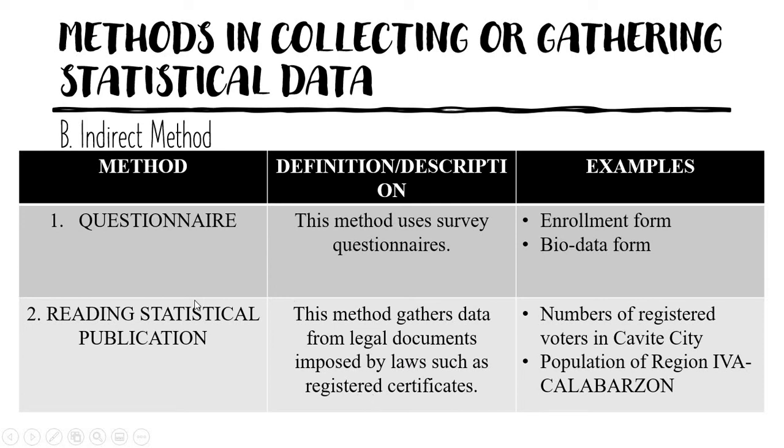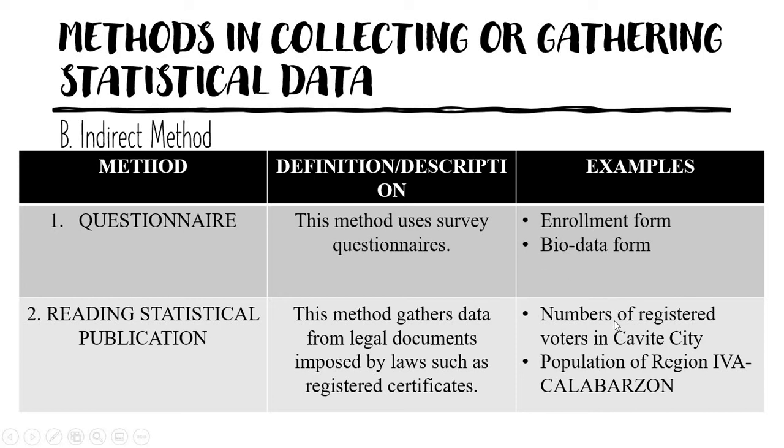So, kapag kumukuha lang tayo ng data through reading, statistical publication, syempre dapat legit na mga books or online sites, diba? Hindi pwedeng kung saan-saan lang tayo kukuha ng mga information or ng data. Kasi hindi magiging accurate yung data na makukuha natin.